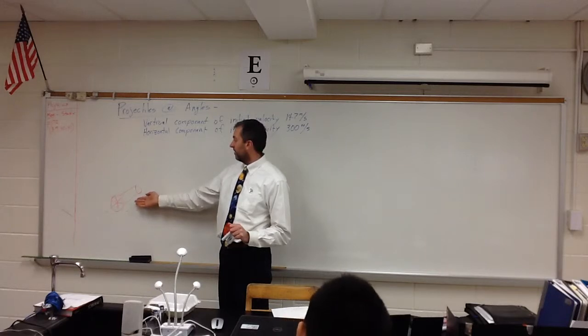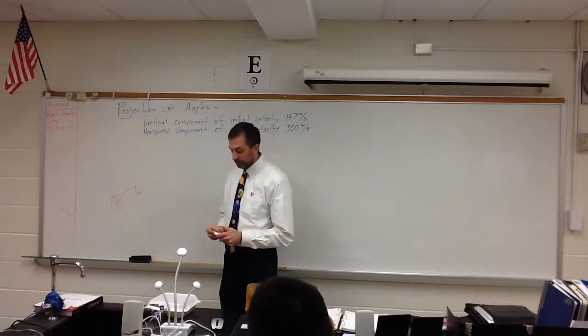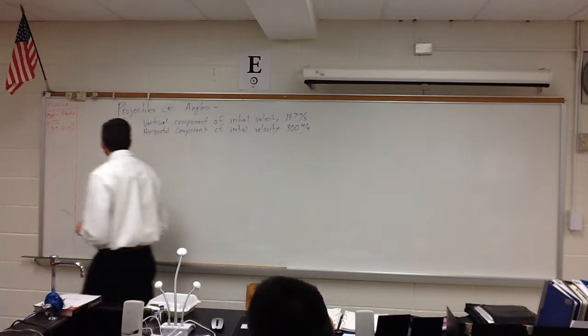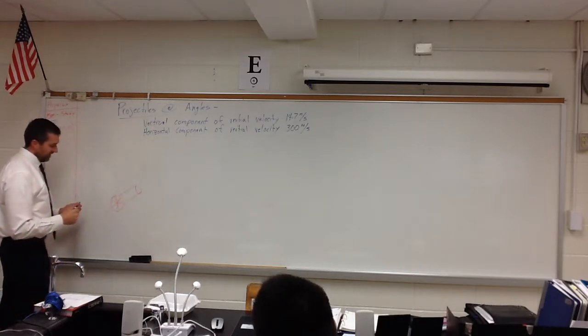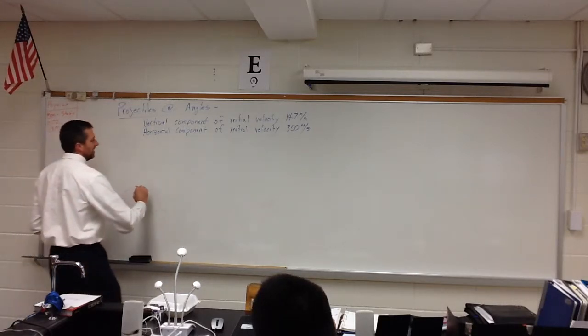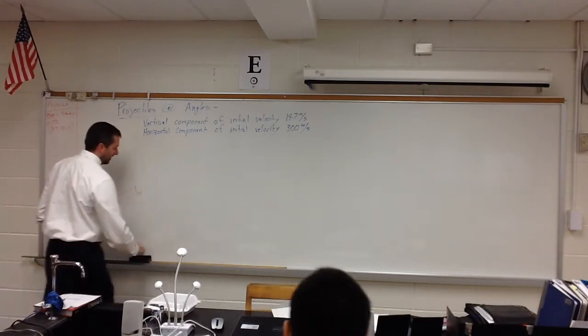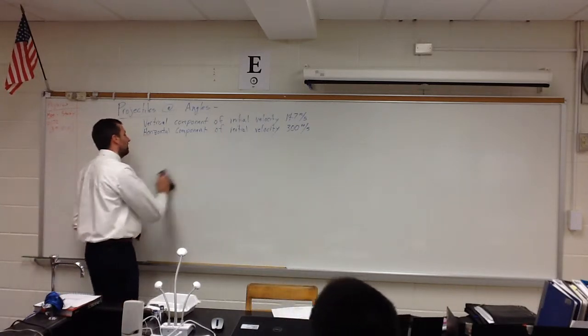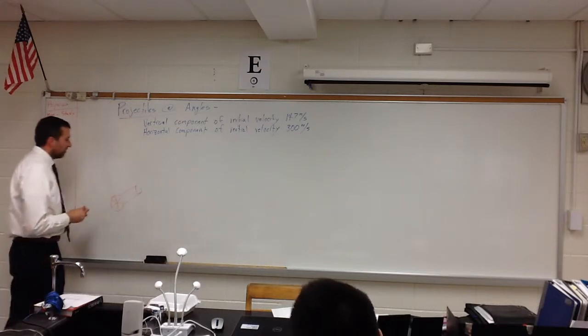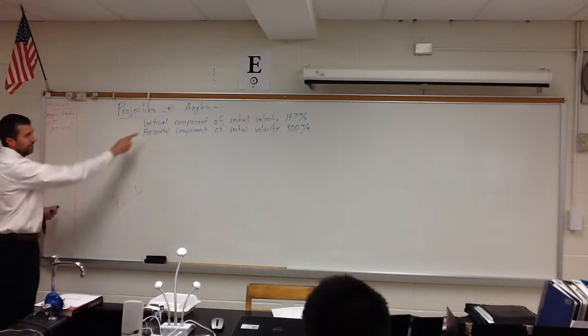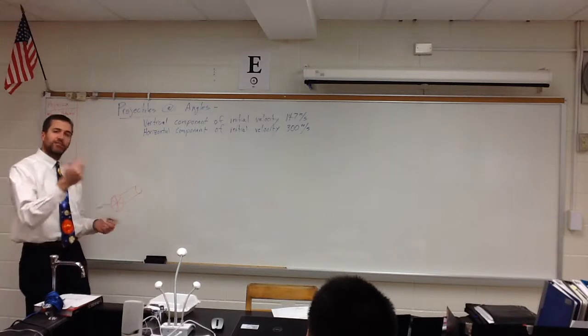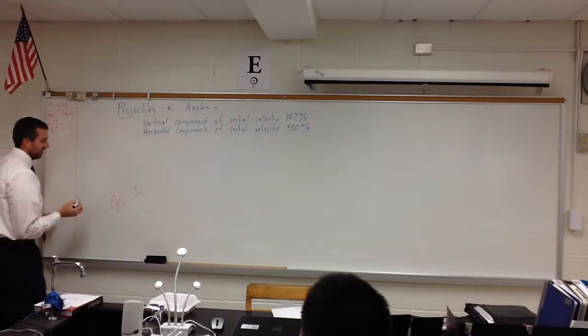Excuse my terrible art ability here on this picture, but we're thinking in our minds that this projectile is going to be fired in an arc like this. But that's not how we approach the problem. The way we approach the problem is we actually do components, like vectors that we've done previously in this class.